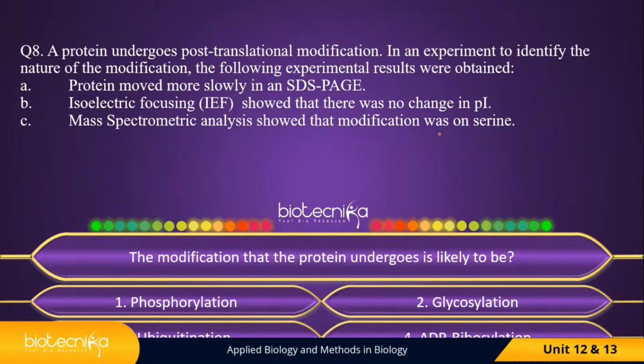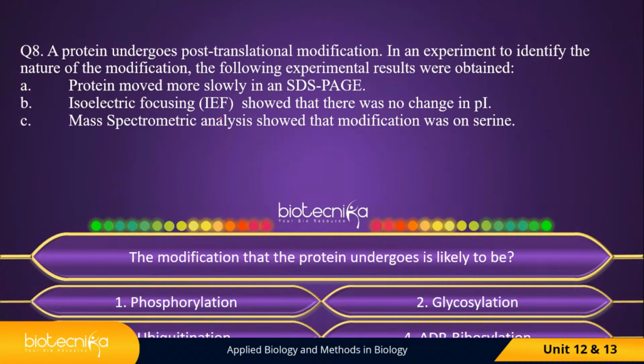Question 8. A protein undergoes post-translational modification. In an experiment to identify the nature of modification, the following experimental results were obtained. A, protein moves more slowly in an SDS page.